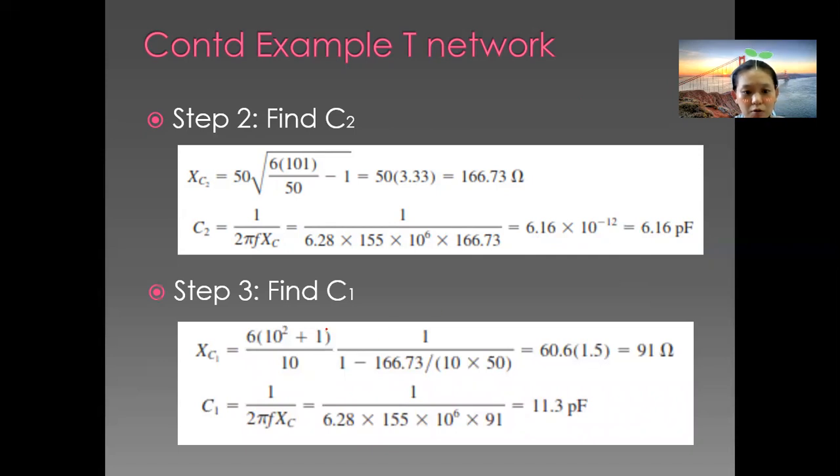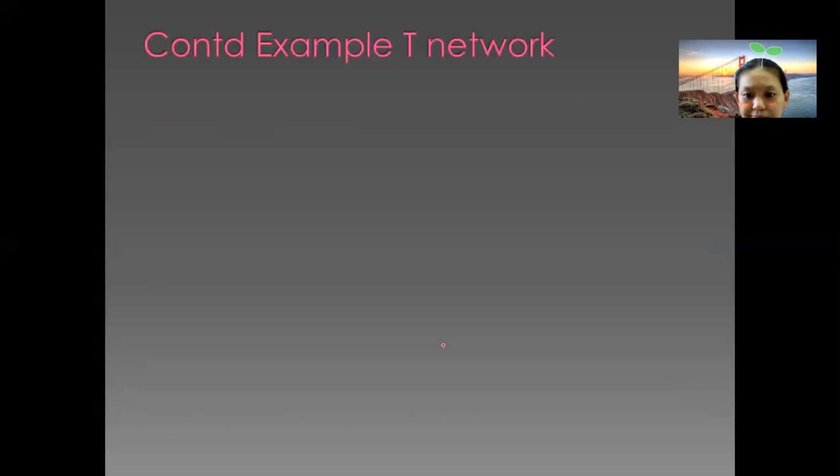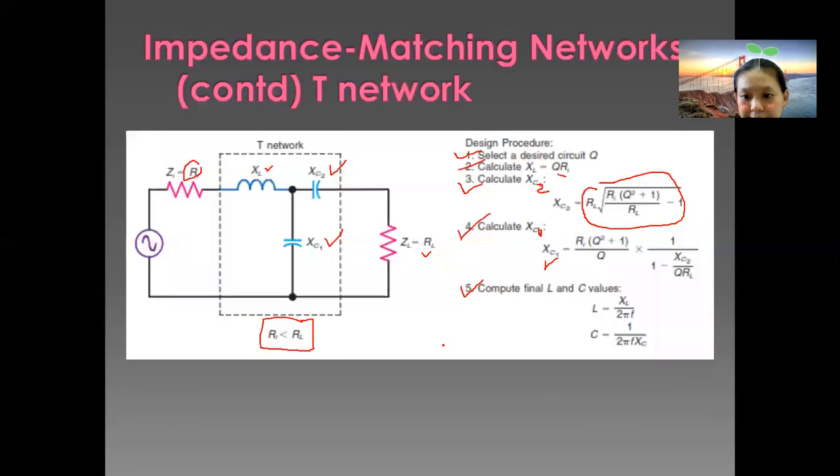To calculate this one, we use this formula. R in you have 6, then Q is 10, power of 2 is 100, plus 1, so you have 101, divided by Q 10, and then you multiply with 1 minus XC2 divided by Q times RL, the C2 you calculated just now.